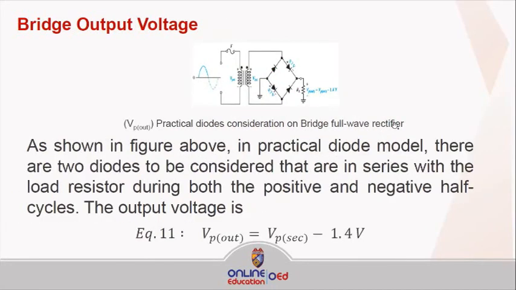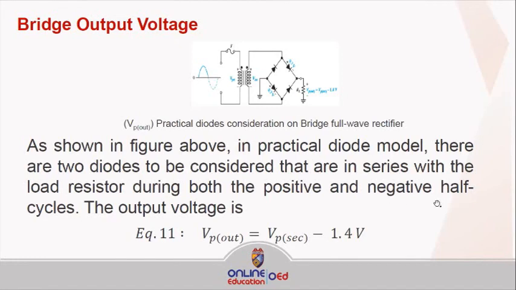Okay, how about a practical diode? Ano naman yung tinatawag nating practical diode sa bridge full wave rectifier? As shown in the figure above is a practical diode model. There are two diodes to be considered that are in series with the load resistor. Okay, meron tayong dalawang diode na naka-series sa load resistor during the positive alternation.